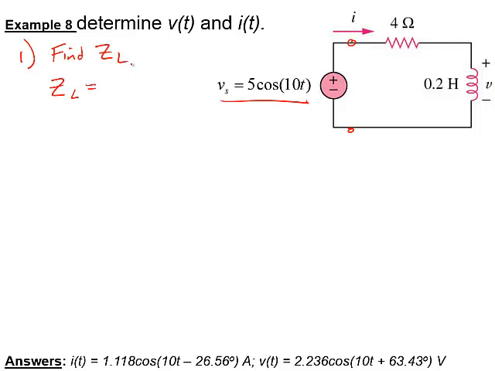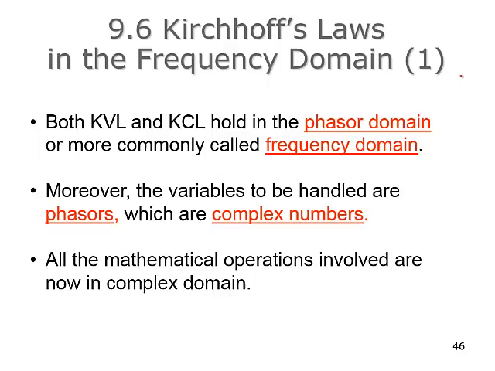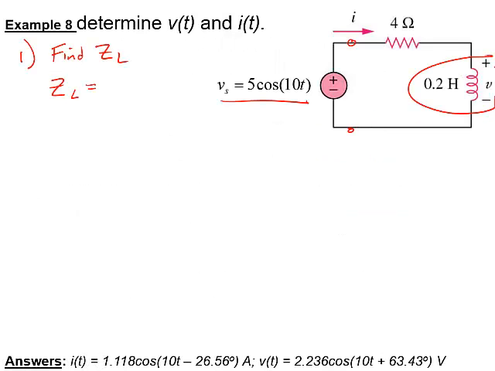This is just the inductor, so we're going to replace this with ZL, and ZL is just j omega L. Omega here is 10, and L is 0.2, and that reduces to just j2.